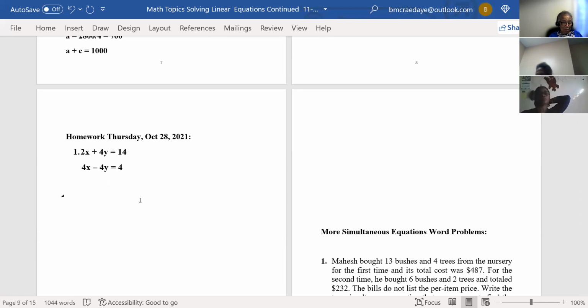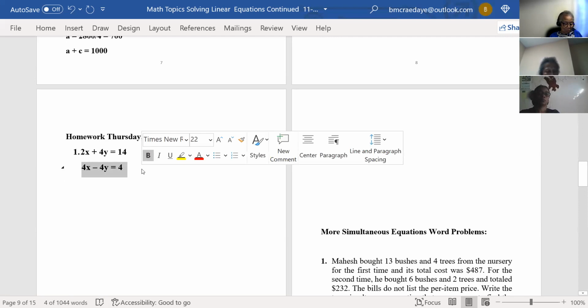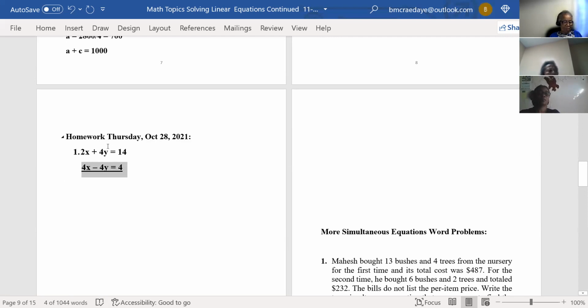You could just add these equations, right? Just add them and you're right, the 4y's, you just eliminate it. That's it. 4y plus 4y. So you're adding. Add equations.